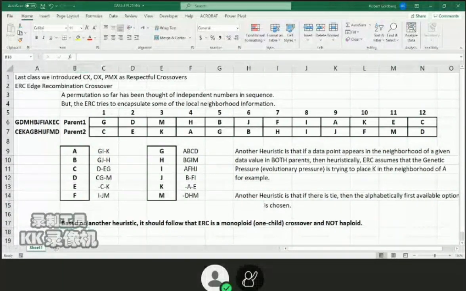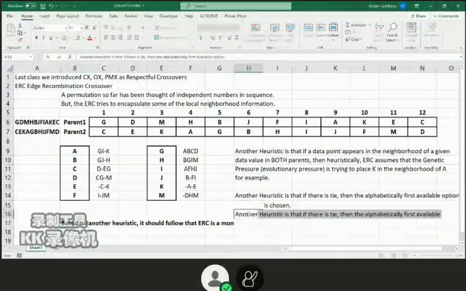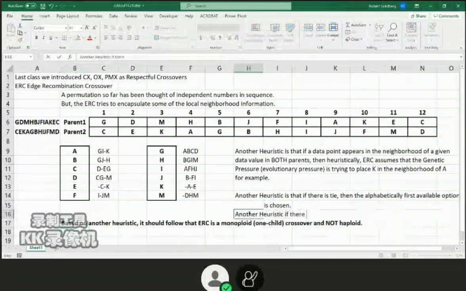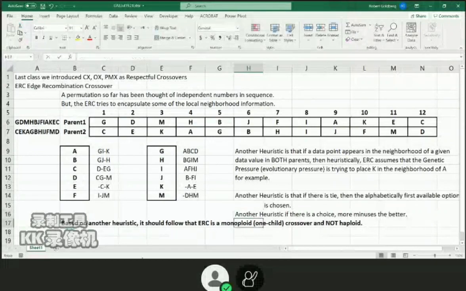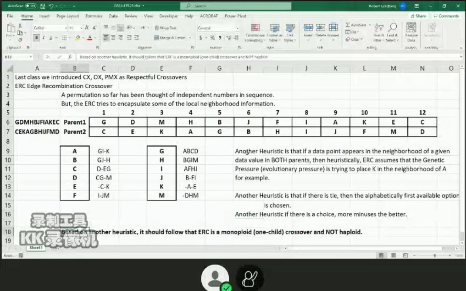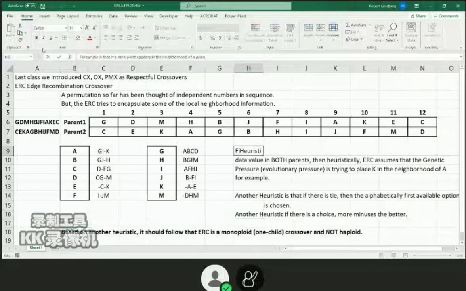Now, the goal here, okay, another heuristic. If there's a choice, more minuses the better, because that means the first heuristic holds true. That follows from the first heuristic.